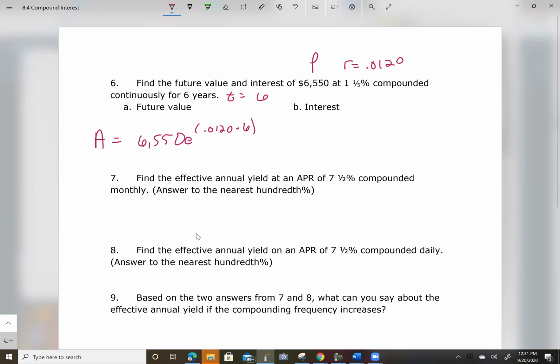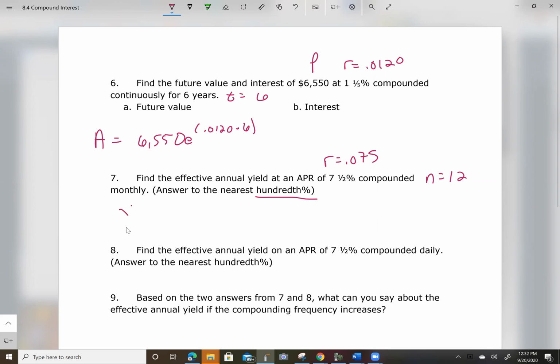Find the effective annual yield at an APR of 7.5%. So my rate is 0.075, that's at half, compounded monthly. And it says answer to the nearest 100th percent.